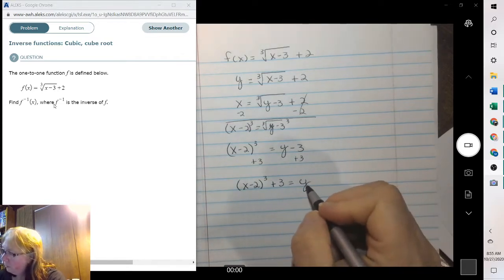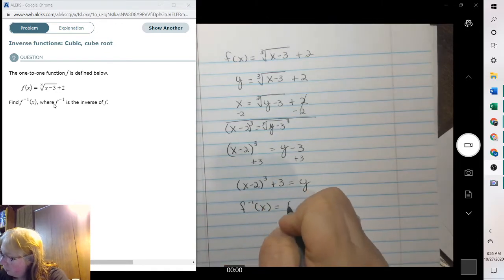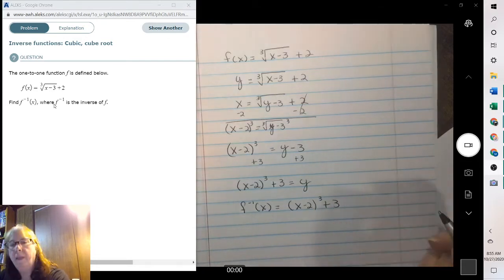And the last step is to change this to f inverse. And there's your inverse.